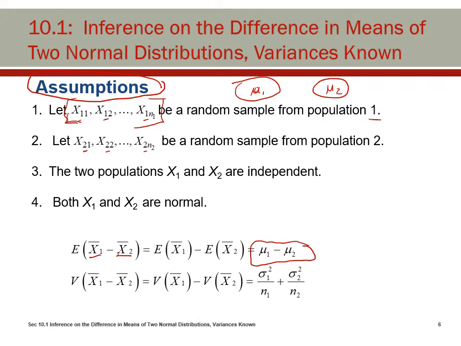And then the variance of X bar 1 minus X bar 2, when we subtract, is sigma 1 squared over the sample size N1 plus sigma 2 squared over N2. And you've seen that formula before in some things.